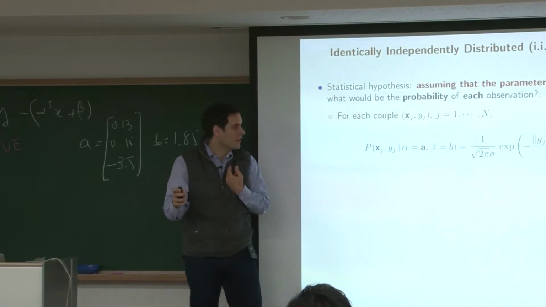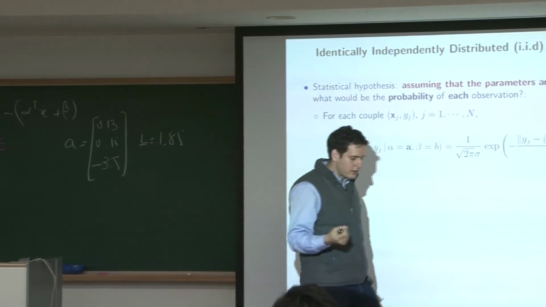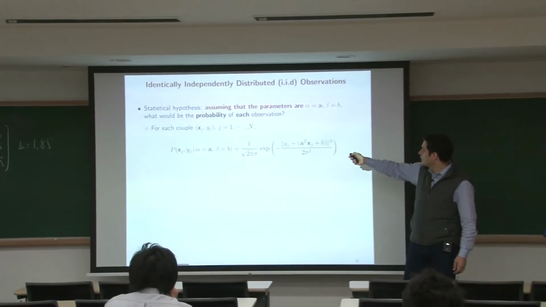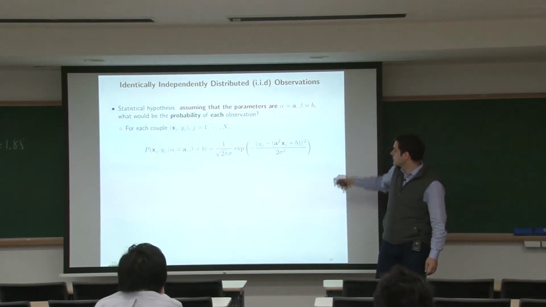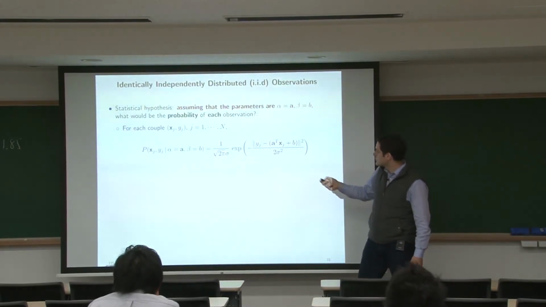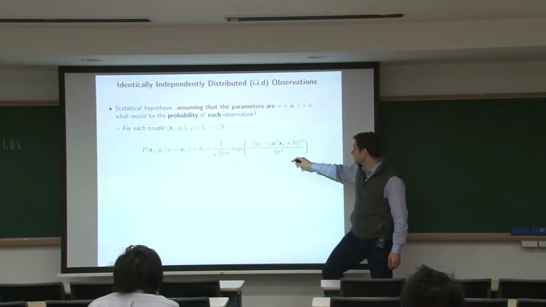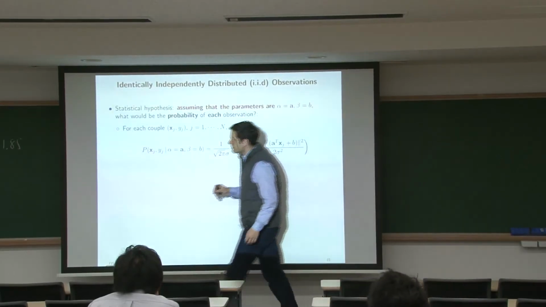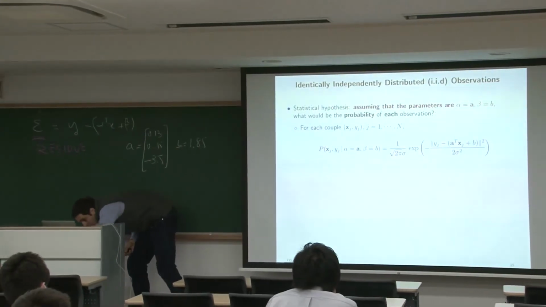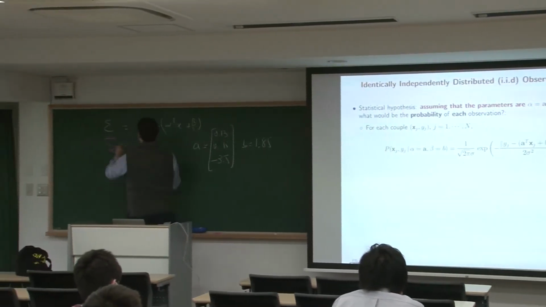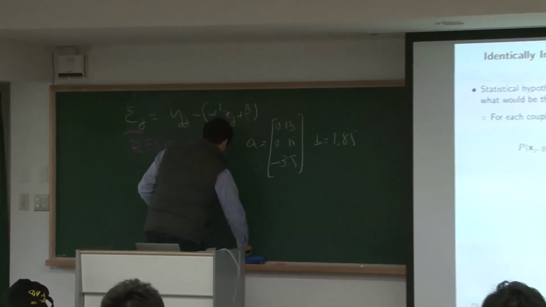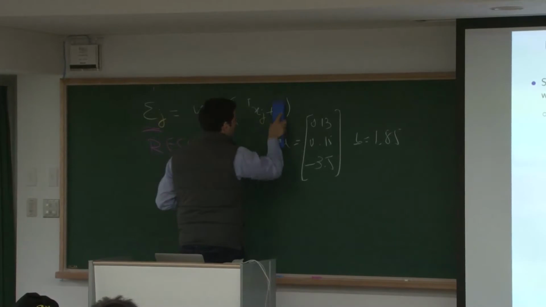Okay, this is a bit subtle. Well, if you know that alpha is actually A and beta is equal to B, remember that we assume that the residue epsilon j is the residue of one particular observation which I have been given.